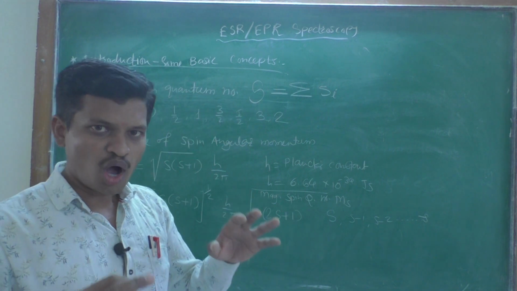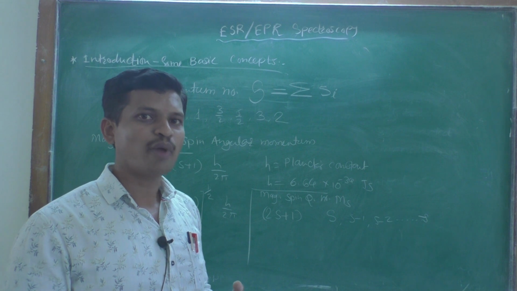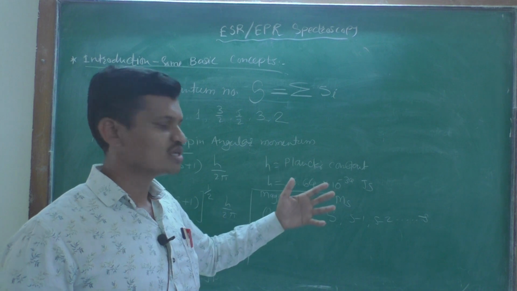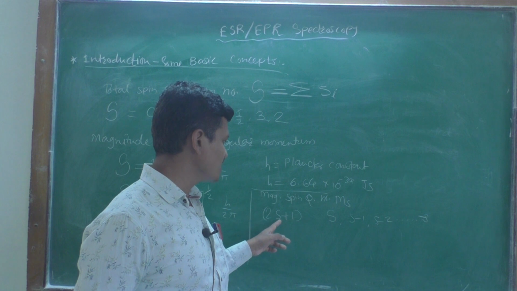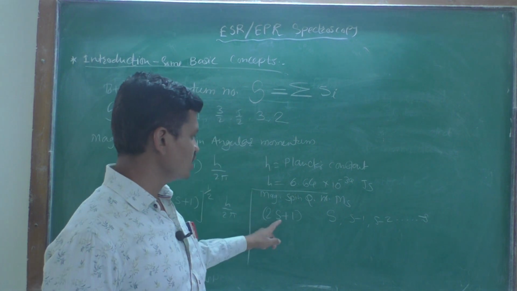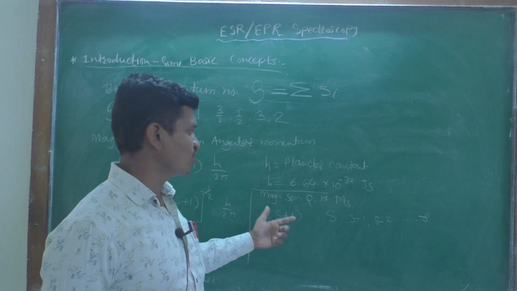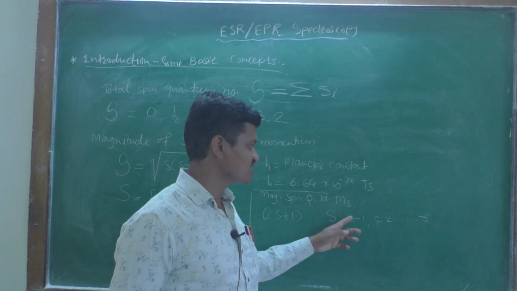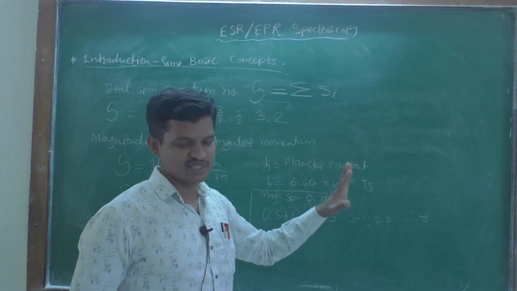So the total number of values possible for ms is given by 2 into total spin plus 1.